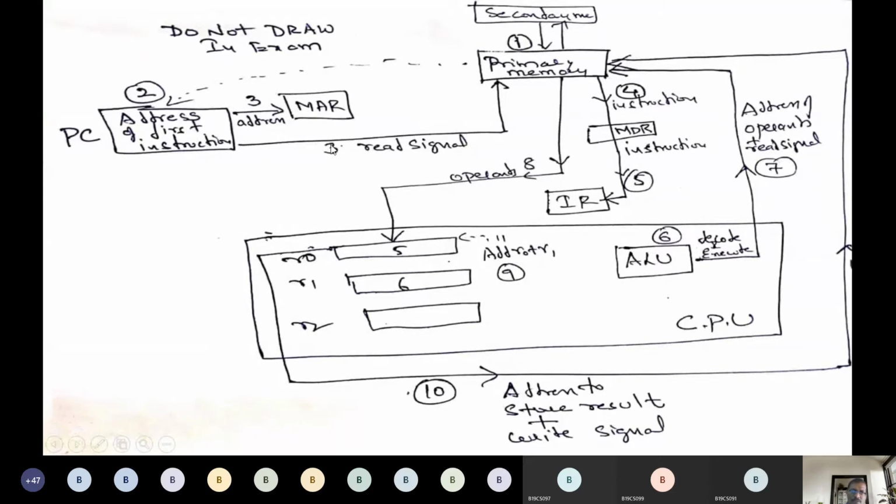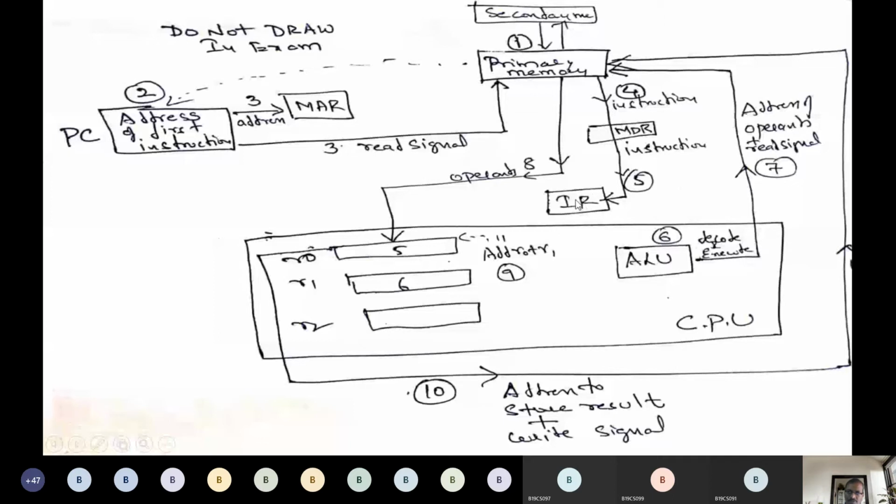A read signal is sent to the primary memory requesting the first instruction. Then primary memory responds with the instruction, which is first stored into the MDR, next it is stored into the IR.